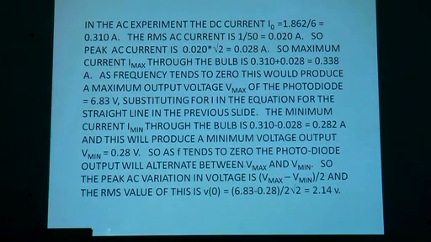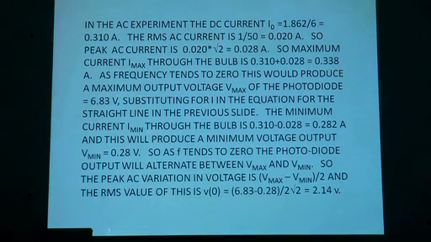So the peak AC variation in the photodiode output voltage is V maximum minus V minimum by 2, and this value is the peak value. The RMS value is obtained by dividing the peak by root 2. So the RMS value is 6.83 minus 0.28 by 2 root 2, that is 2.14 volts.